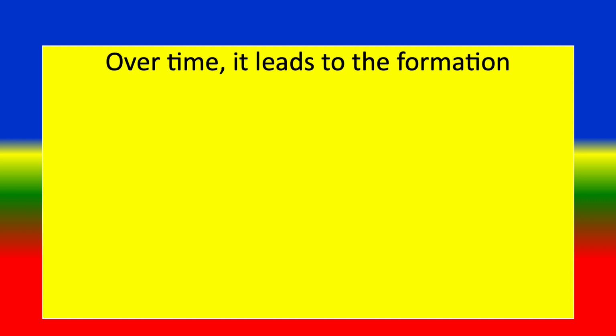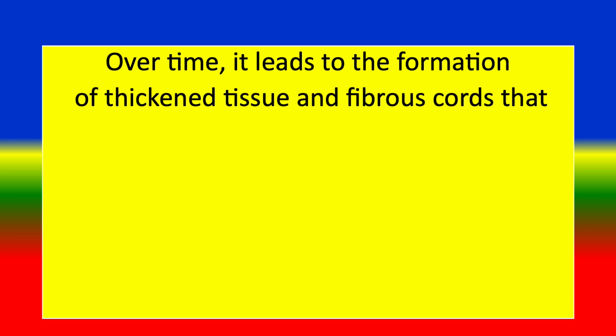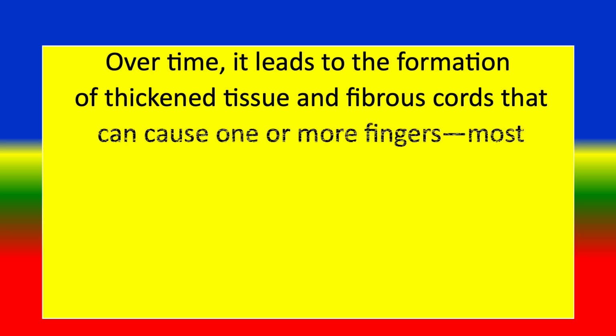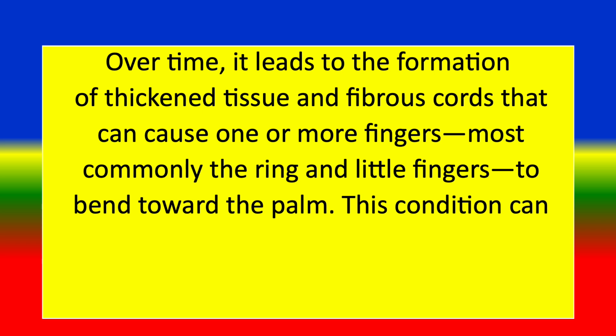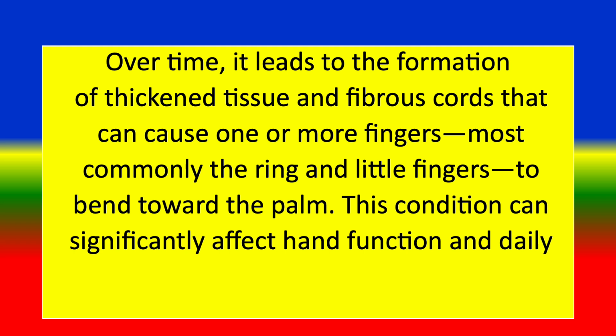Over time, it leads to the formation of thickened tissue and fibrous cords that can cause one or more fingers, most commonly the ring and little fingers, to bend towards the palm. This condition can significantly affect hand function and daily activities.